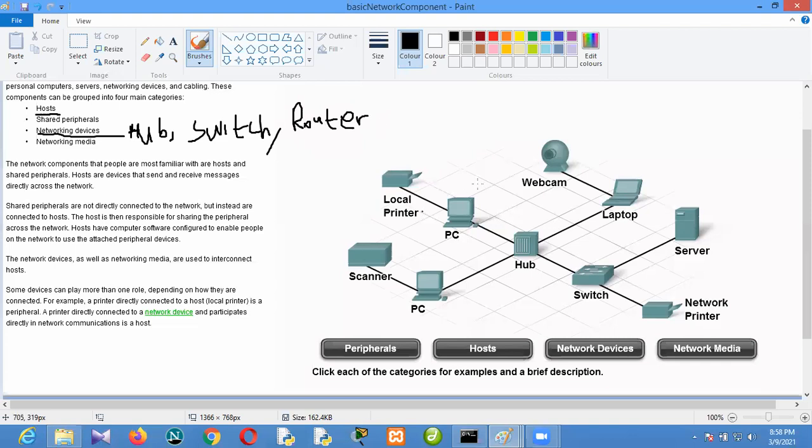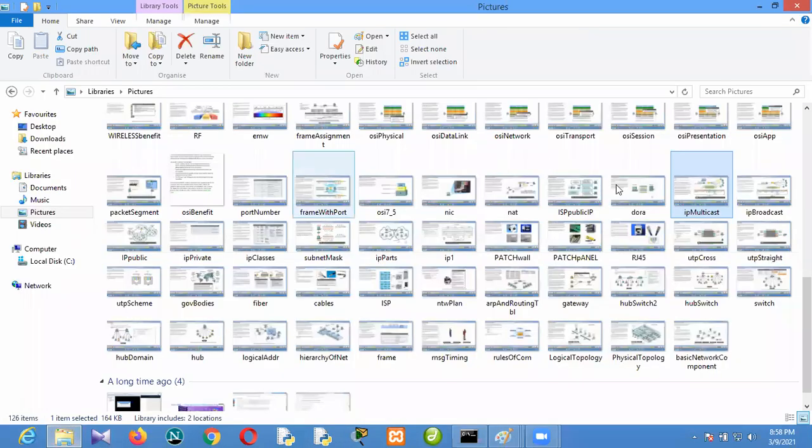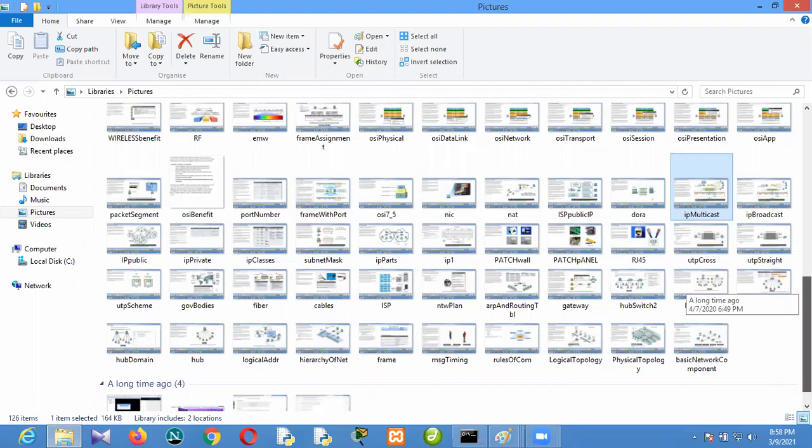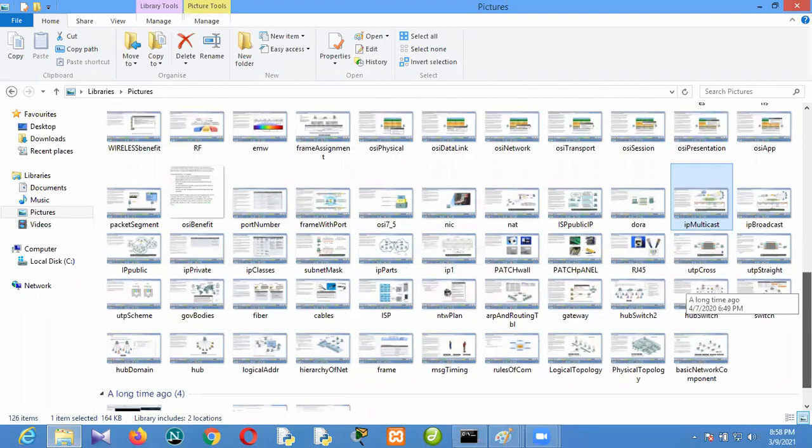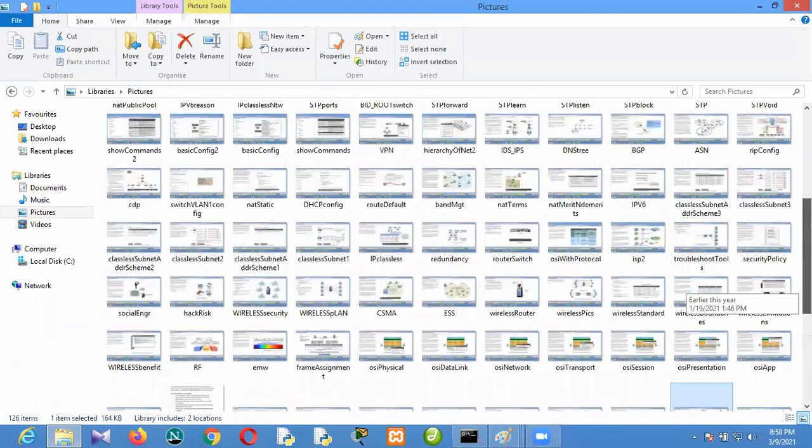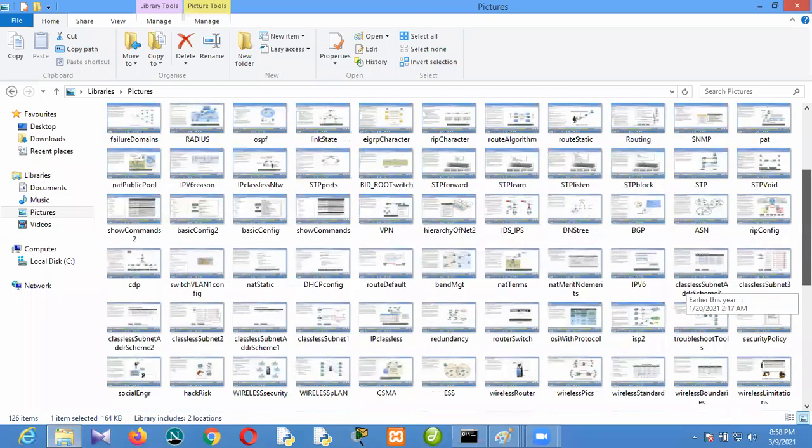Okay. Now, looking at this place, this is a hub. It's just the symbol. It's not the real structure of a hub. This is a switch. Maybe I might need to show you the picture if I have it here.